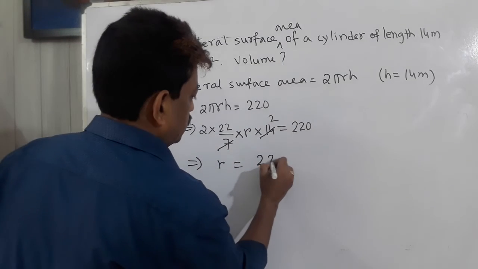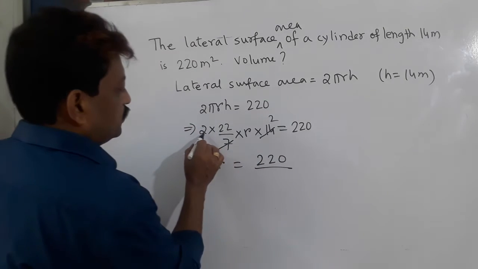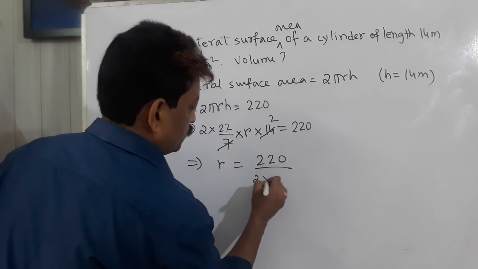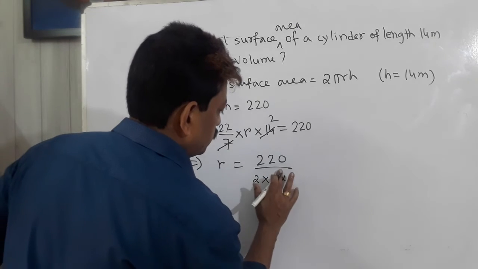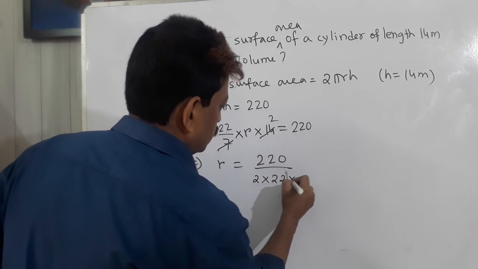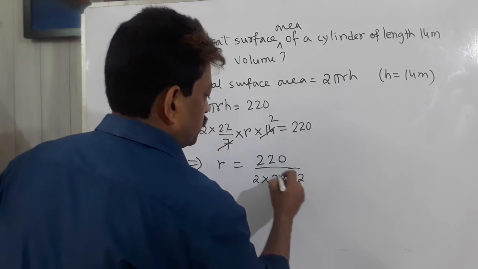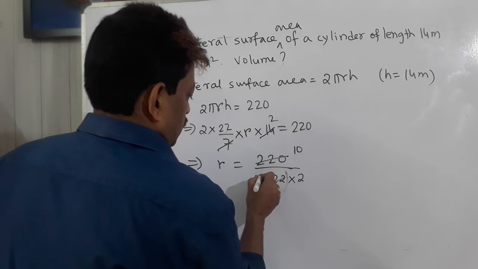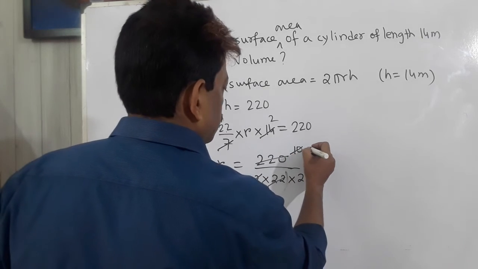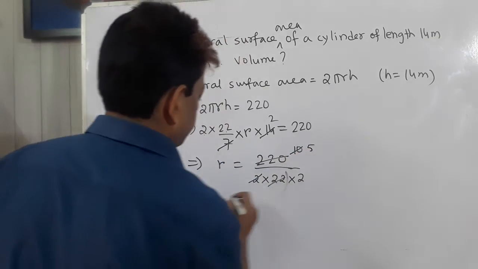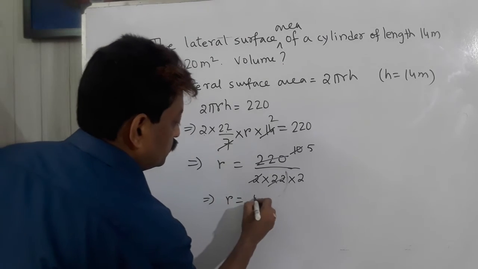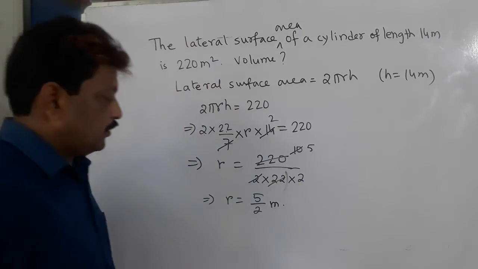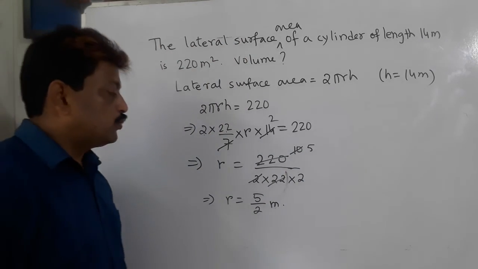So radius r equals 220. These 22 and 2 will come to the denominator. 2 into 22 into 2. So 22 cuts 220 is 10. 10 cuts 2 cuts 10 is 5. Therefore radius equals 5 upon 2 meter. So we have got the radius as 5 upon 2 meter.